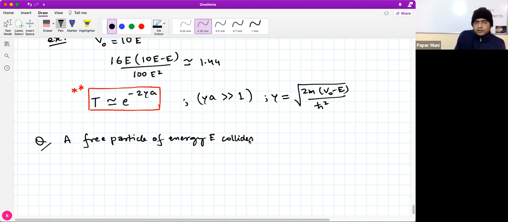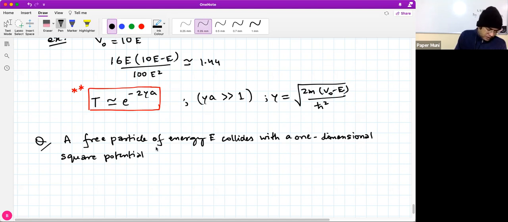collides with a one-dimensional square potential barrier of height v and width w.